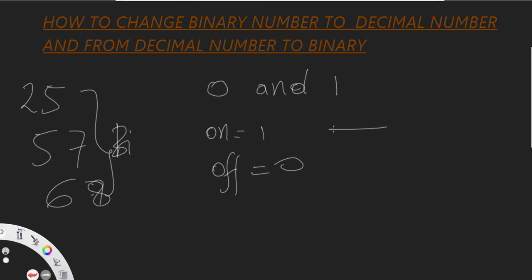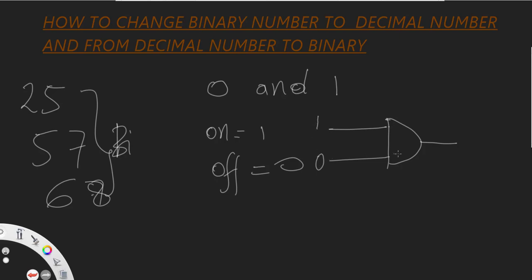So when you press on, it will be this. You have something like this, okay? So we have on, 1 and 0, and then here we have a circuit.